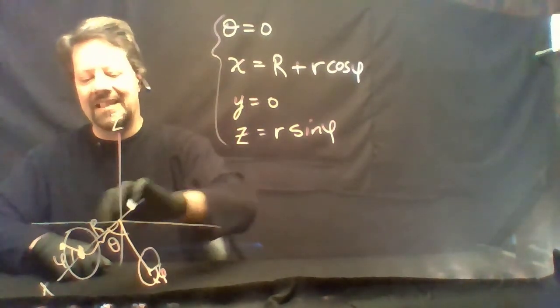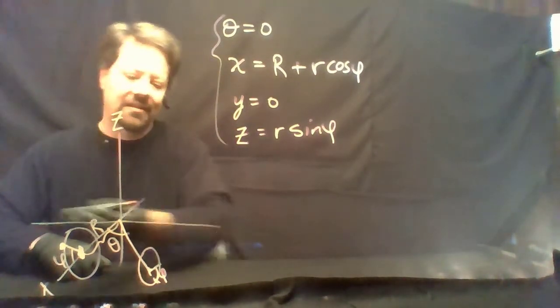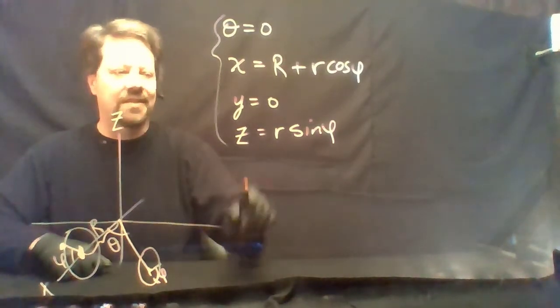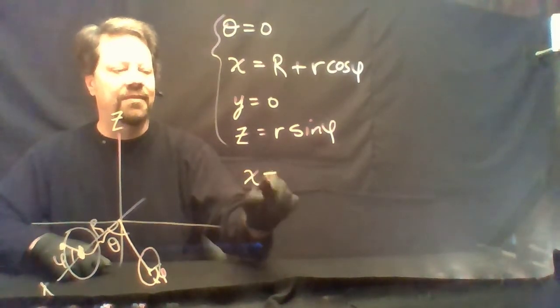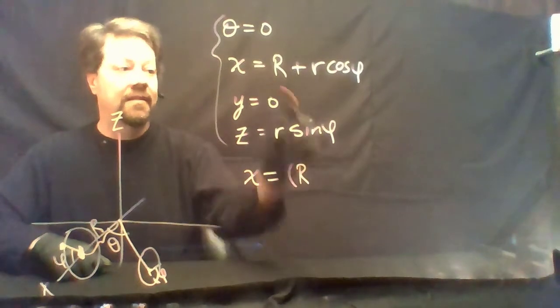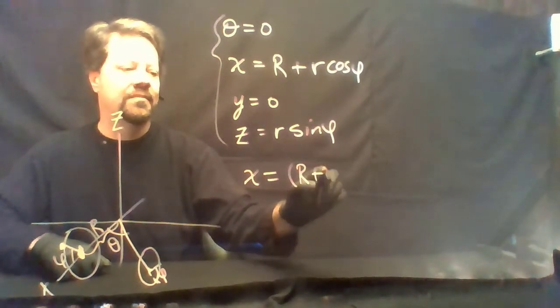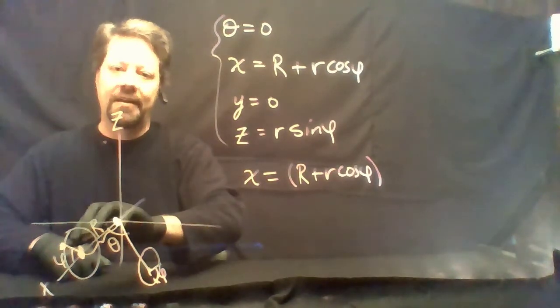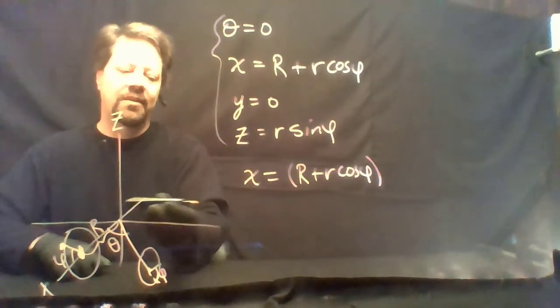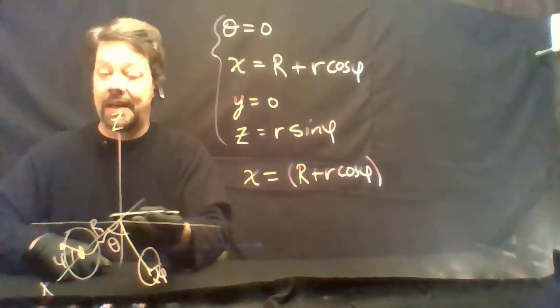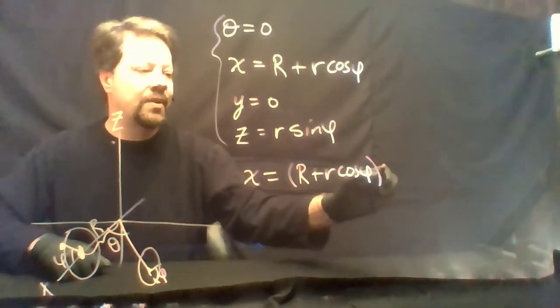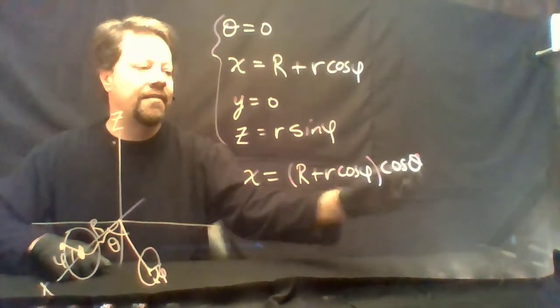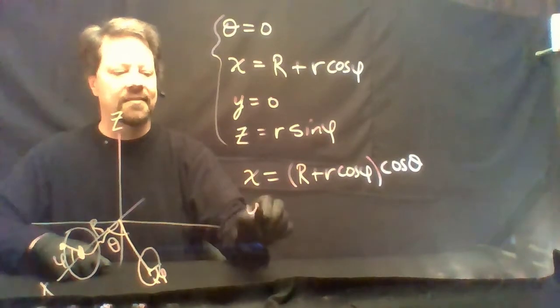Now we'll generalize that by swinging this around, making a torus. In general, x is going to be this value. It's at the maximum when theta is 0. If theta is pi over 2, x is going to be 0. So you end up with cosine theta multiplied onto x.